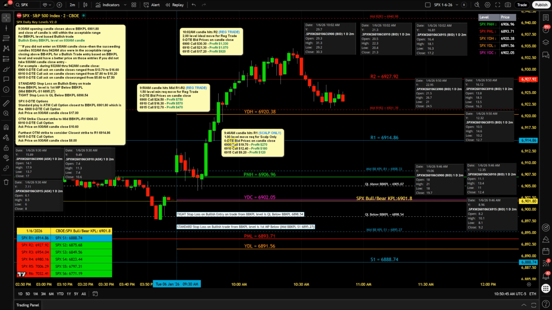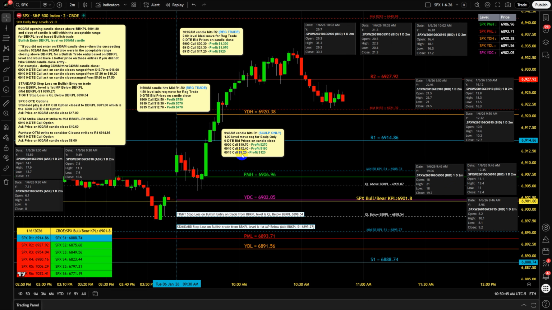And here are your 0DTE bid prices, which are shown over here on the candle close. The 6900 call is $19.70. So that's a profit of $270 per contract. The 6910 is $12.40 bid on the close of the candle, that's a profit of $180 per contract.